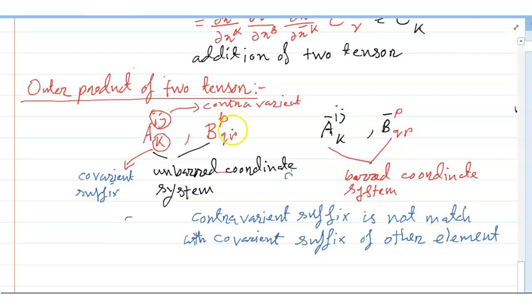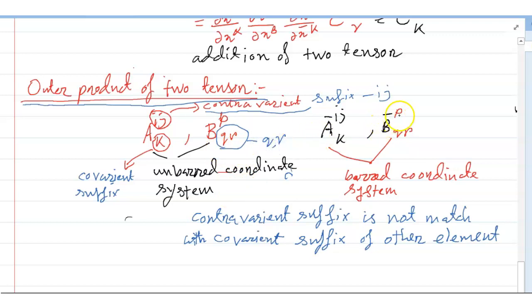So friends, for the outer product of two tensors, you see that the contravariant suffix is ij, and the covariant suffix is qr.